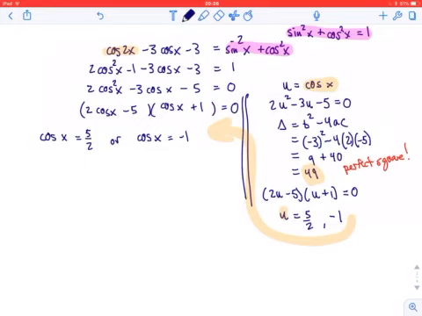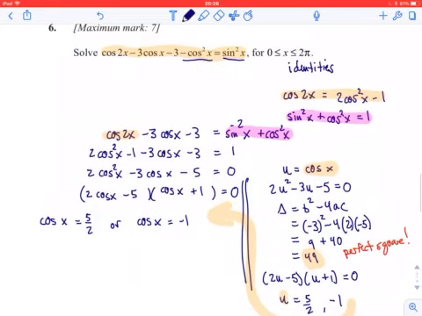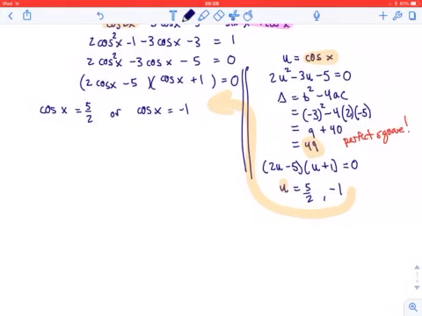So now we need to figure out what are the solutions, over the interval that we are asked to solve this, that is 0 to 2 pi, when are these two possible things true? Okay, so cosine of x equals 5 over 2. One thing that we need to recognize about cosine of x is that cosine of x is always between negative 1 and 1. Because of that, this equation doesn't actually yield any solutions to our original equation.